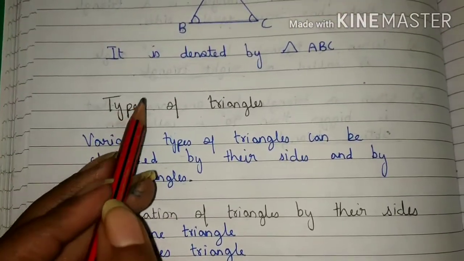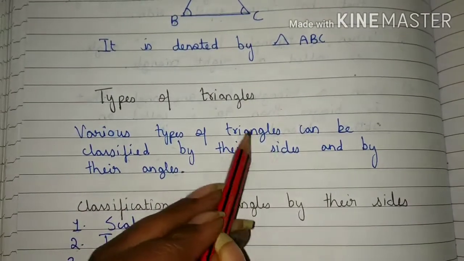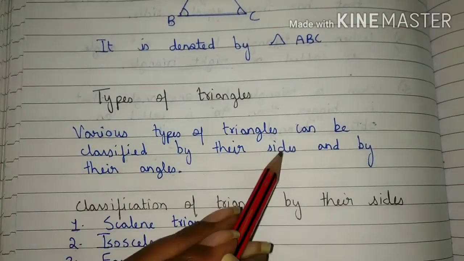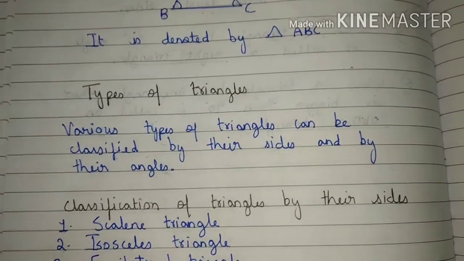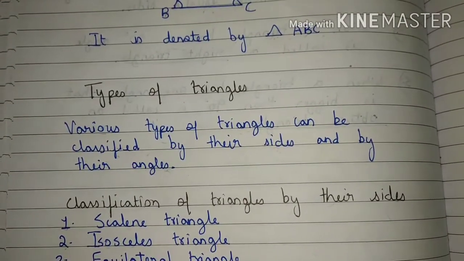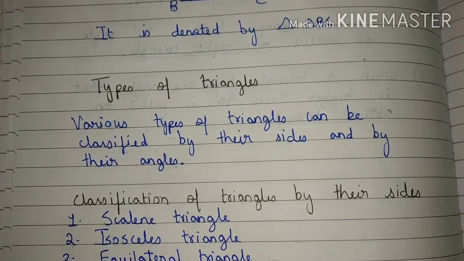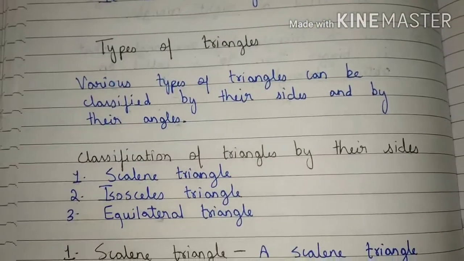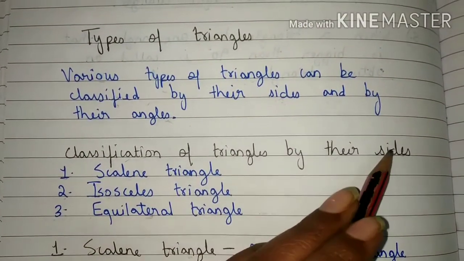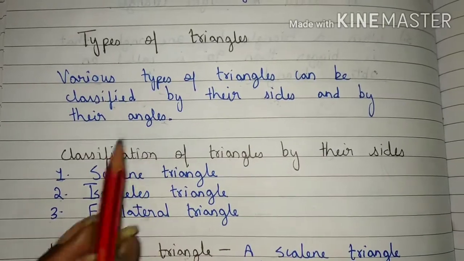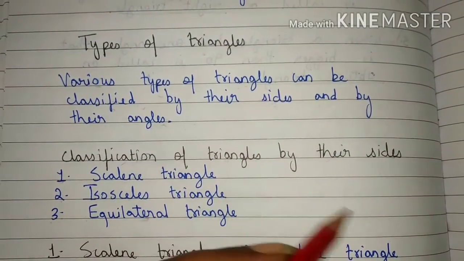Students, now we will study types of triangle. Various types of triangle can be classified by their sides and by their angles. First of all, we will study classification of triangles by their sides.